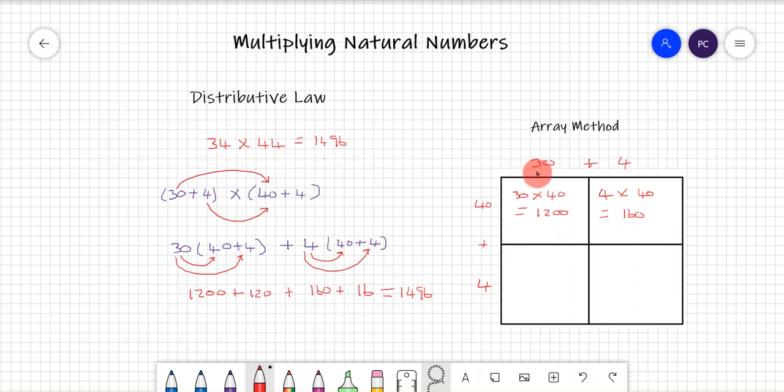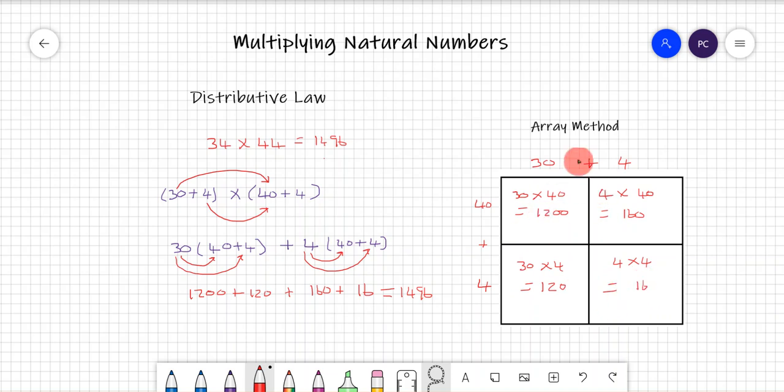Down here we have 30 multiplied by 4, which is 120. And then we have 4 multiplied by 4, which is equal to 16.